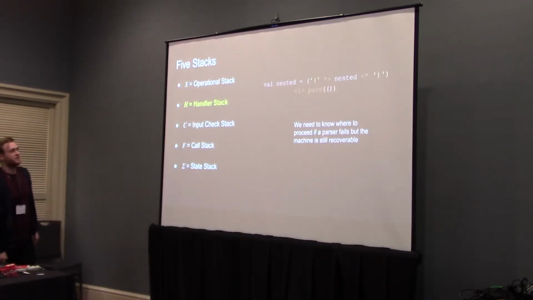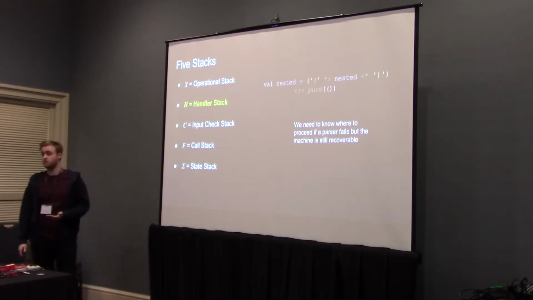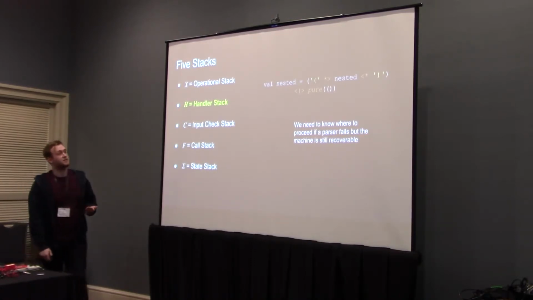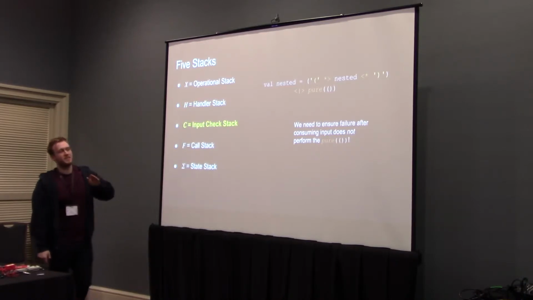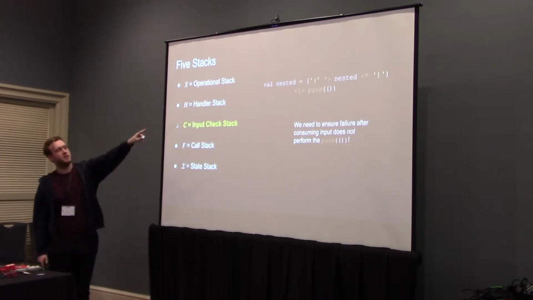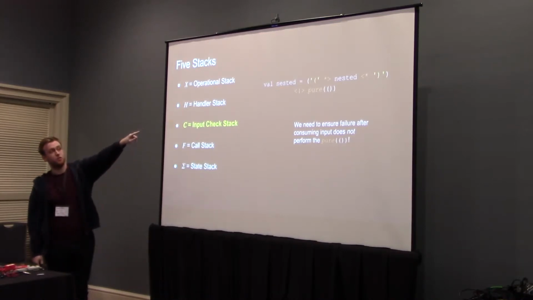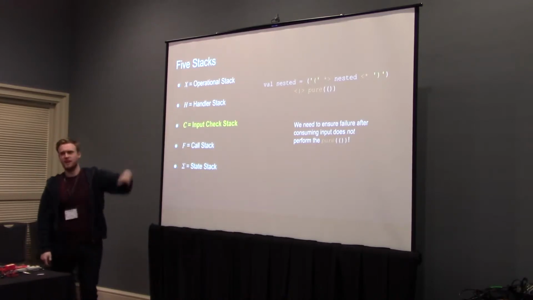The handler stack deals with control flow. You can think of it like an exceptions mechanism. It keeps track of where we go to if we fail. And the input check stack also ensures that if we did consume input, then the semantics should change. For instance, it should not be valid to read a bracket and then fail reading a nested expression, but because we've read a bracket, happily continue on and say this passed fine.